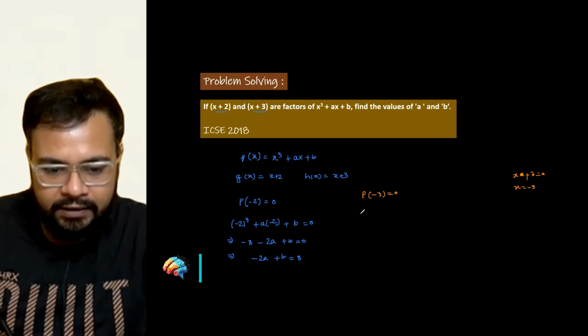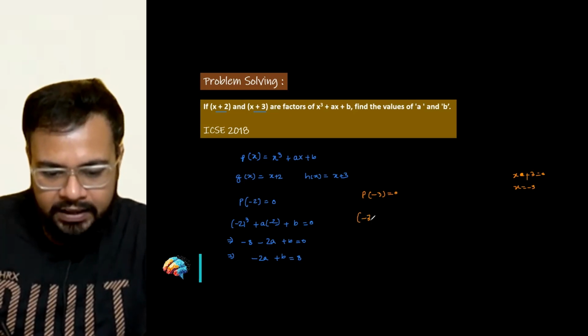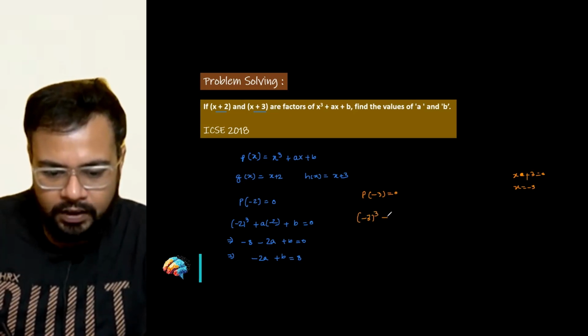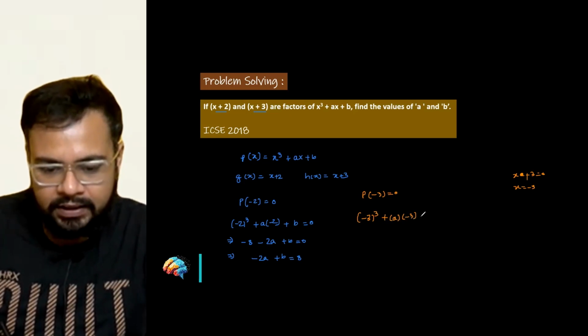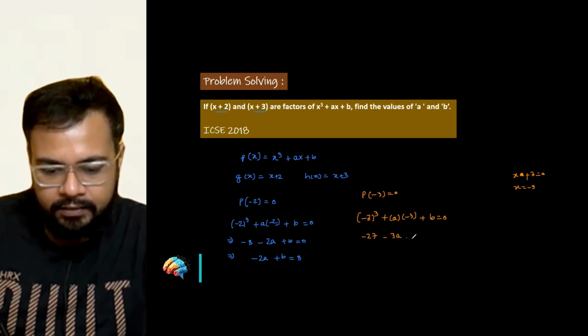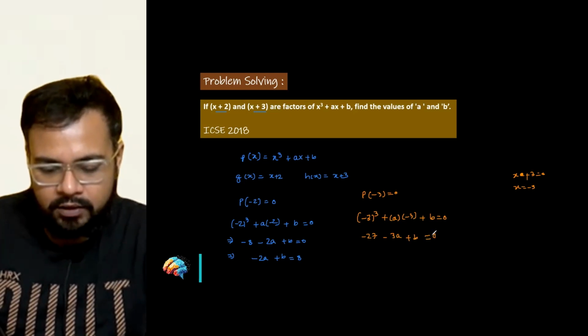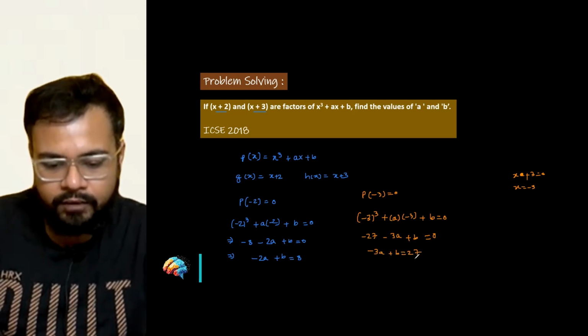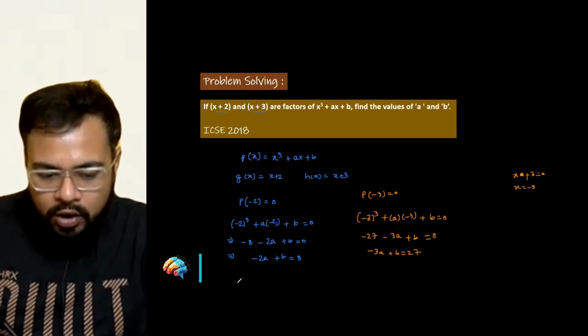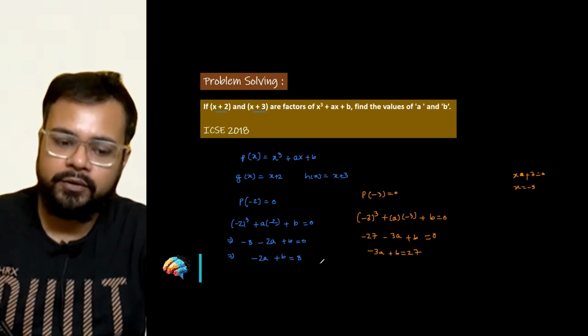So substituting that value over here, we get minus 3 whole cube plus a into minus 3 plus b equal to 0. And we get minus 27 minus 3a plus b equal to 0. So that gives you another equation, minus 3a plus b equal to 27. Solving these two equations, we will get our values of a and b.